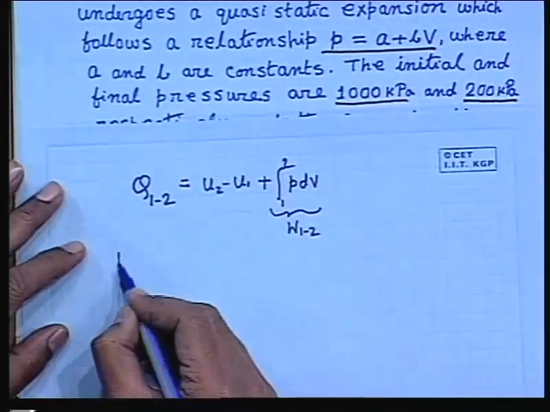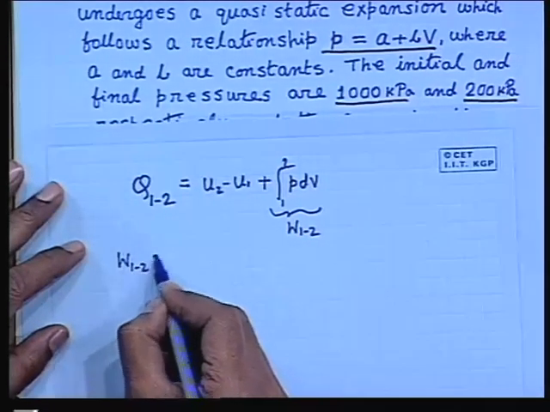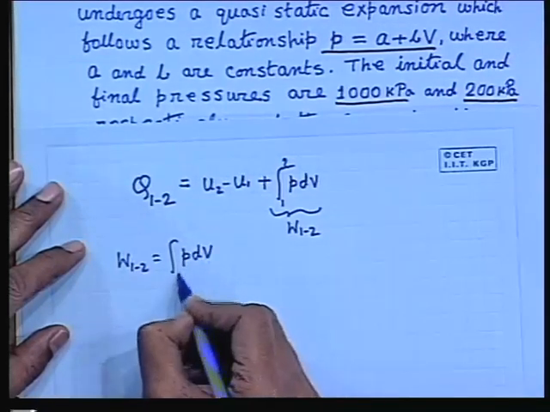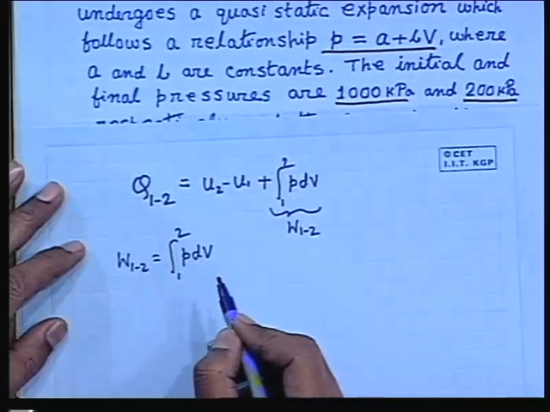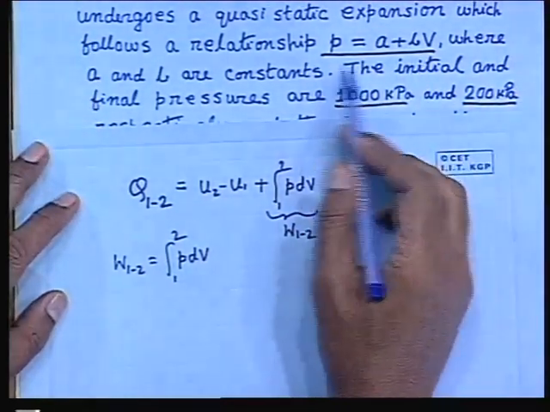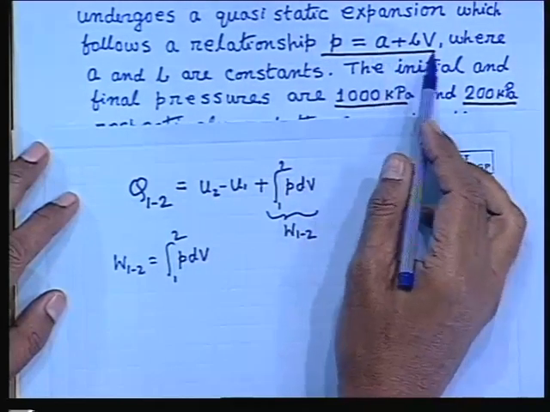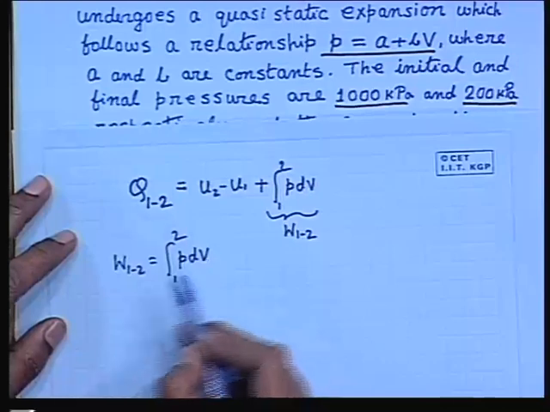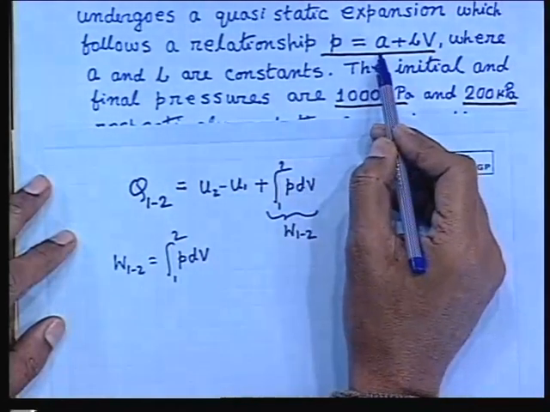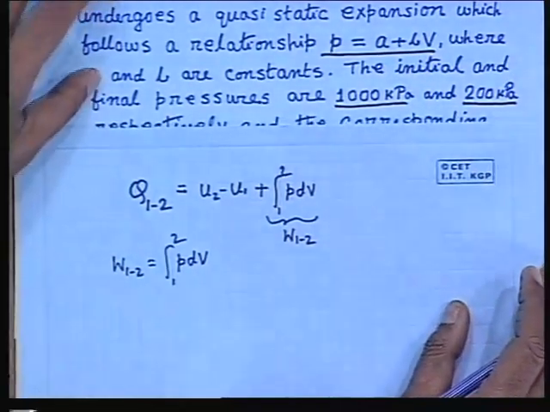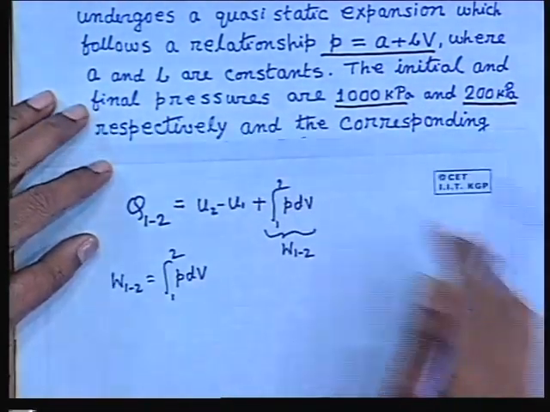That means W12 is the integral of P dV. It is a very simple problem, straightforward applications. Now, we know P as a function of V is a linear function, A plus BV. So, we can straightforwardly integrate it, but to get a numerical value, we have to know the numerical values of these constants A and B, and it is very simple. It is found from these two conditions.